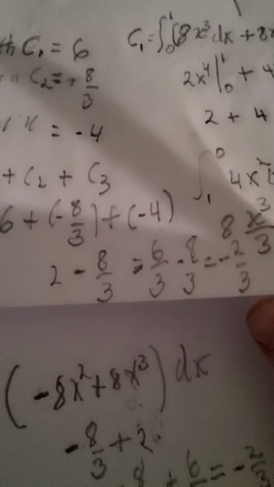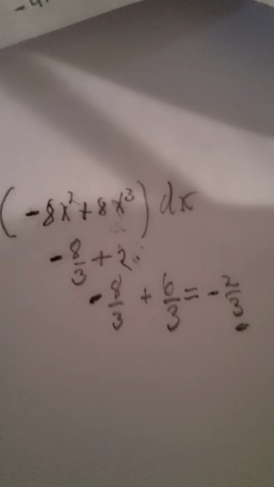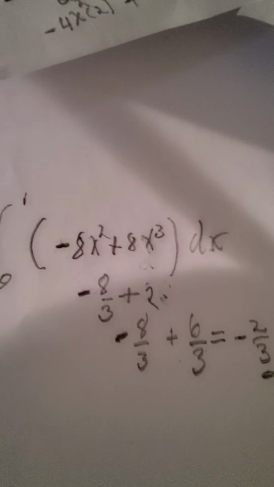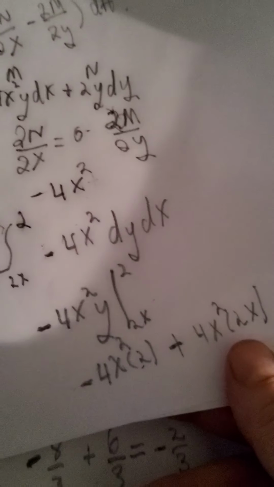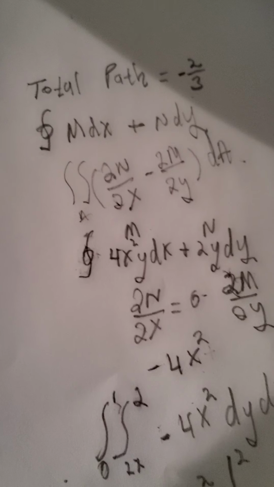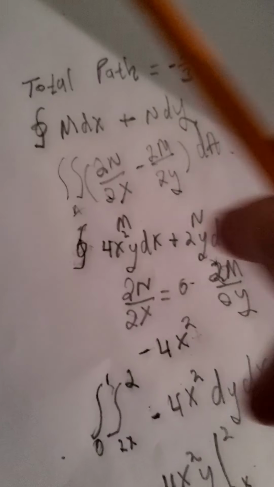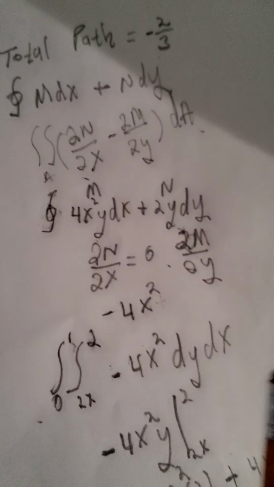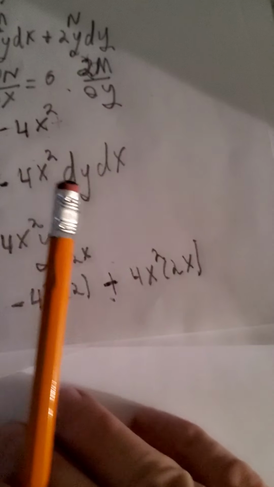Then I took Green's theorem, and I evaluated the same function, and I got the same answer. Total path equals negative 2/3. Total evaluation equals negative 2/3.